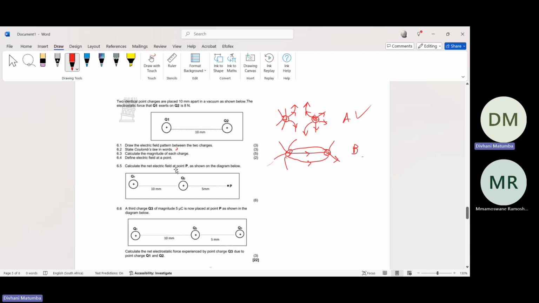Calculate the net electric field at point P as shown in the diagram below.